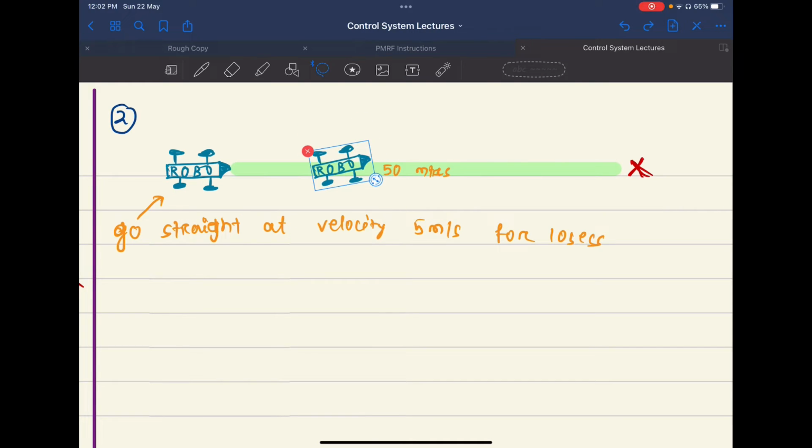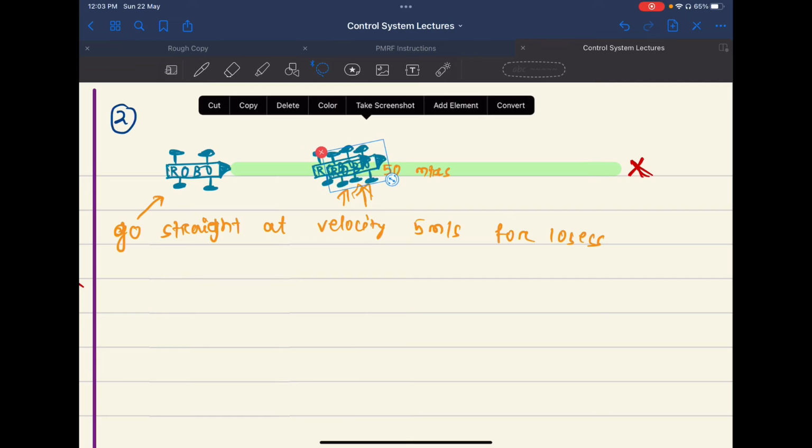Some external disturbance comes from this side, so it drives it a little far. As I had mentioned, go straight at velocity 5 meters per second for 10 seconds. My robot will continue in this direction rather than going in that direction, and finally it will reach somewhere here.